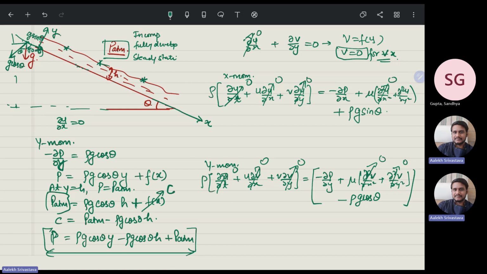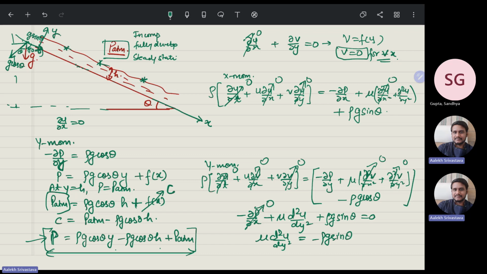Now, in the x momentum, if you see, that means mu del 2 u by del y square is equal to minus rho g sine theta.